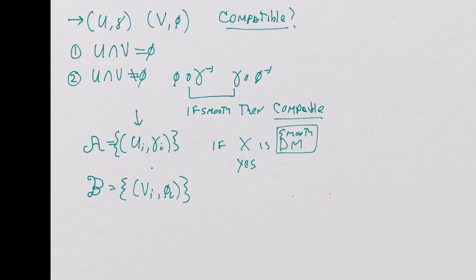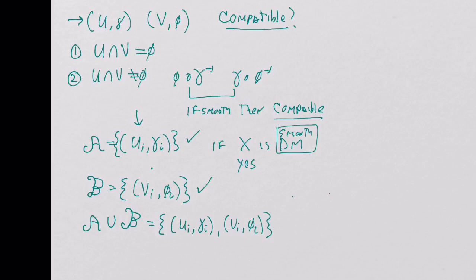It is an atlas on a differentiable manifold, and so we will say that all of these charts are compatible as well, and all of those charts are compatible. Now I take A and B, two different atlases, and I form the union. Remember, A and B are atlases, but atlases are sets, so sets can be unionized, and I do this: (U_i, gamma_i), (V_i, phi_i).